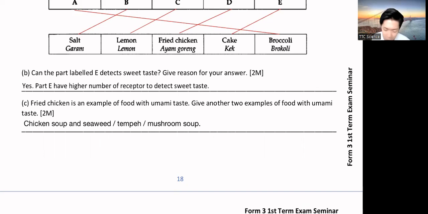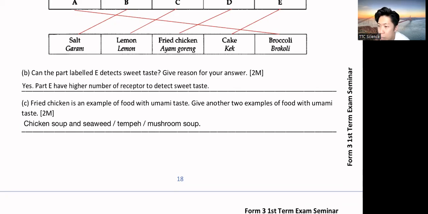Cheese, I think don't write cheese. Cheese is not under umami. The textbook says cheese and MSG. I know MSG is umami, but we don't write it because it is an additive that you add to food. It's not the food itself.